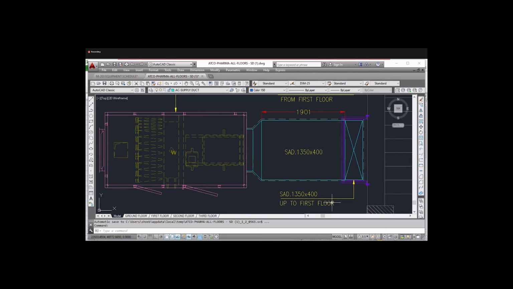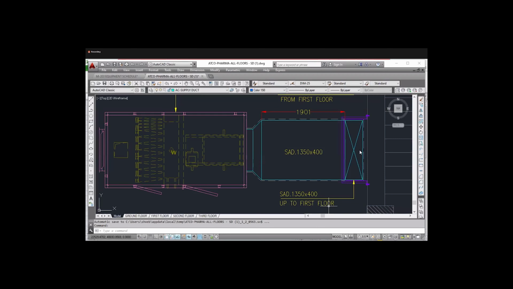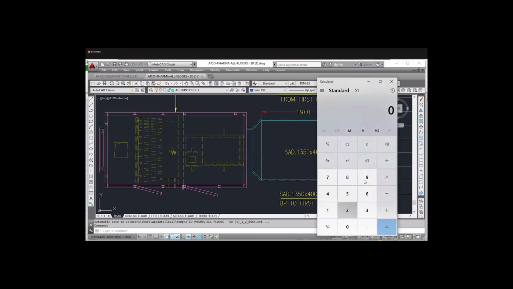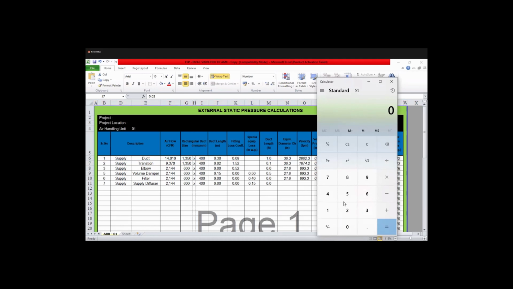It's in mm, so we have to convert into meter. About the branch length, 0.02, I've mentioned here. It's 200 mm. 200 by 1000 is 0.2. Okay, correct. So it should be 0.2.